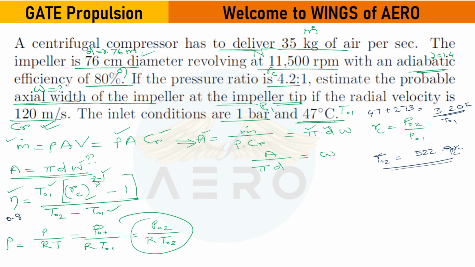So once you find the T02, you can find the P02 from here, right? P02 is your 4.2 bar. Multiply by 10 power 5 to get Pascal. So you can find what the rho value is. R value is going to be constant, 287. So you will get your rho naught 2 value.